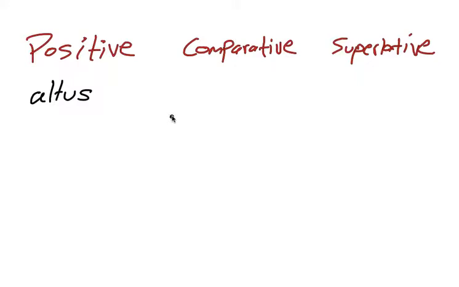Okay, to form the comparative, you take the base of the adjective, which would be dropping the US, and you add the suffix IOR. So taller would be altior, and that works for masculine and feminine, but if I want to make it neuter, then it would be altius.